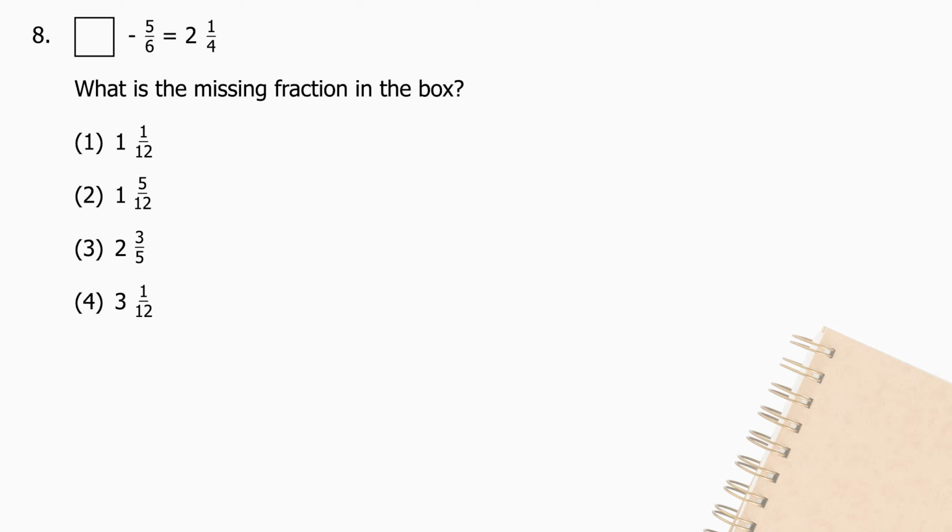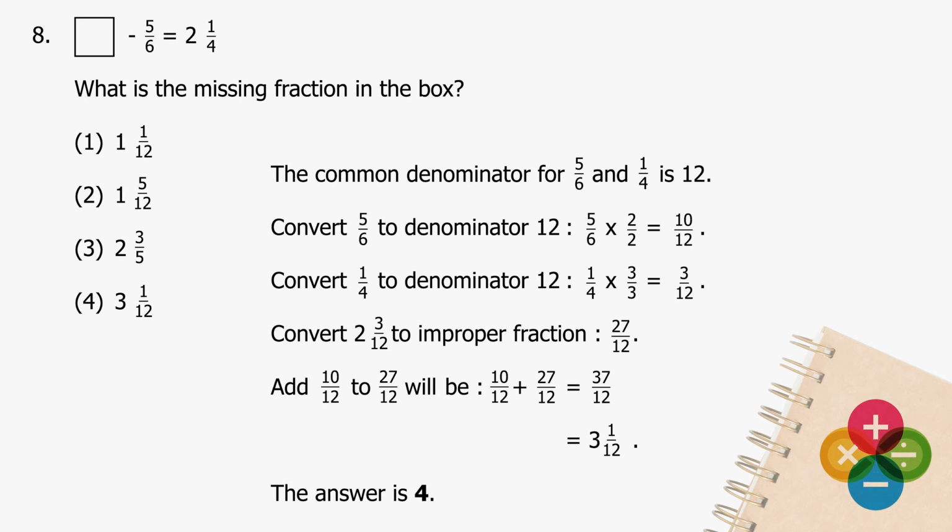Question 8. Subtract 5/6 from missing fraction, and the difference is 2 1/4. What is the missing fraction in the box? The common denominator for 5/6 and 1/4 is 12. Convert 5/6 to denominator 12 will be, multiply 5/6 by 2, and the product is 10/12.